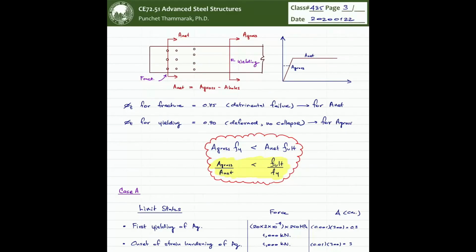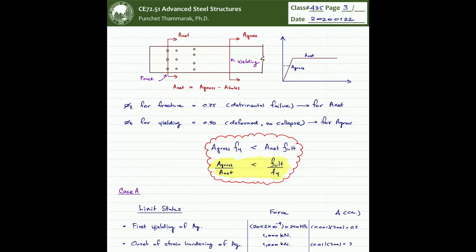One thing I emphasized to you last time is about the failure of the member under tension. The design approach allows us to consider two different kinds of failure mode. The first one is the fracture. So fracture will control the failure at the reduced or the A net section, whereas the gross section, A gross, controls just the yielding failure.